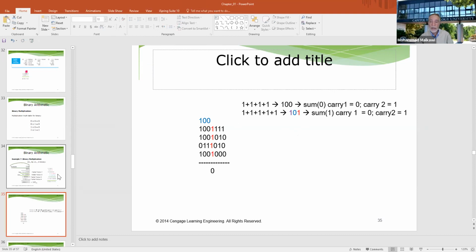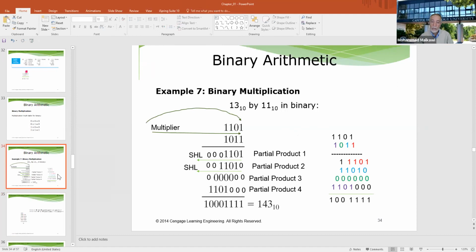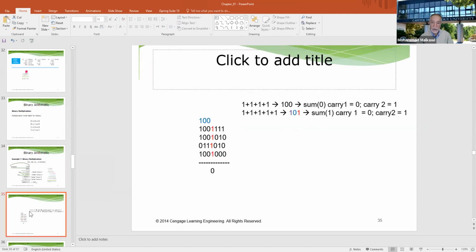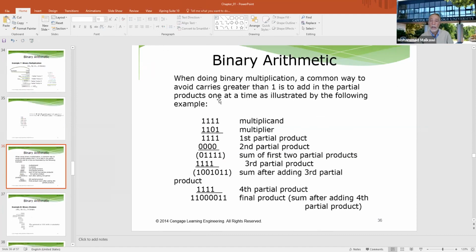So that's what I have just done now. Let me see where I am. Okay, here, that's what we'll say. A common way to avoid carries greater than 1 is to add in the partial products 1 at a time.